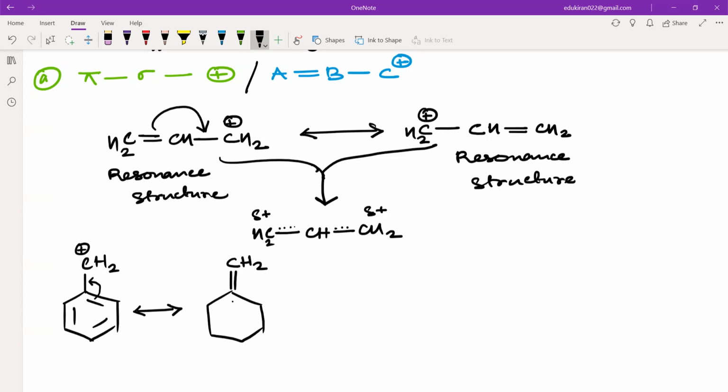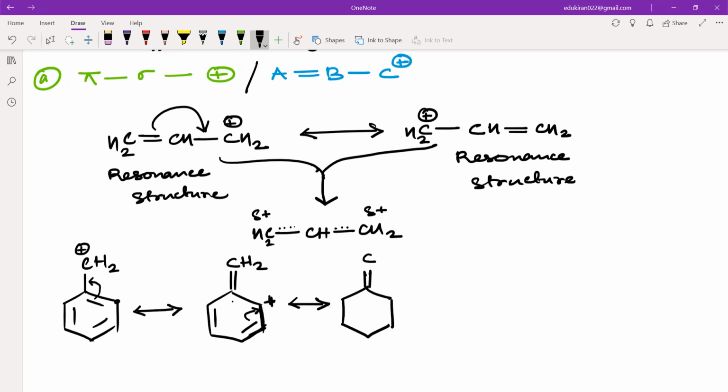Now this pi bond has moved. This carbon lost an electron, that is why there will be a positive charge here. There will be a double bond here. Now again we can see pi sigma positive. So this will move this side, and again you will be getting a benzene ring.